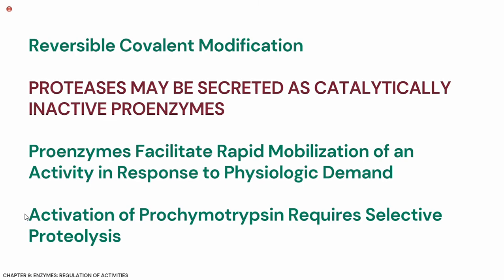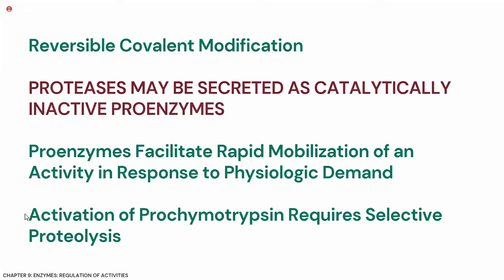Now, proteases may be secreted as catalytically inactive proenzymes. Proteases. Now, what are proteases? Enzymes acting on protein. A very good example of this is enzymes coming from the pancreas. This enzyme from the pancreas has proteases, which digest protein.